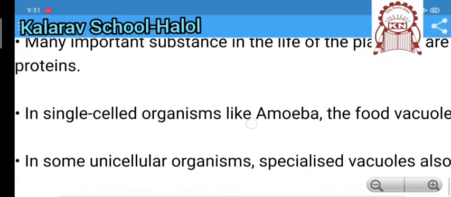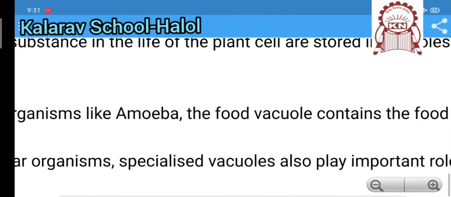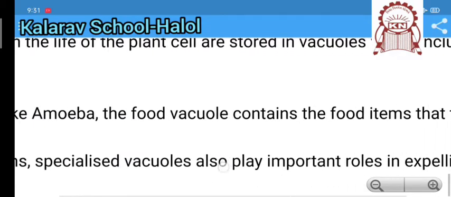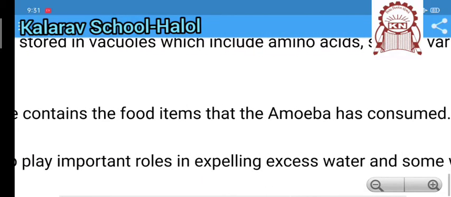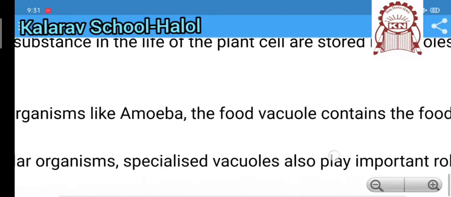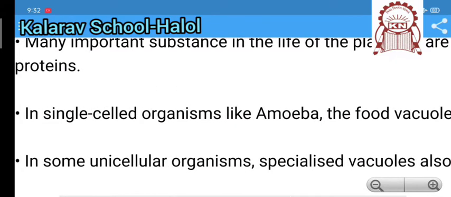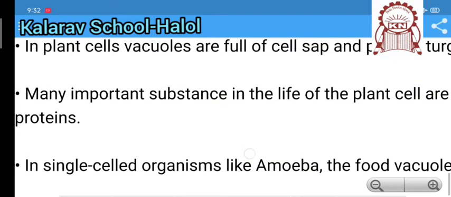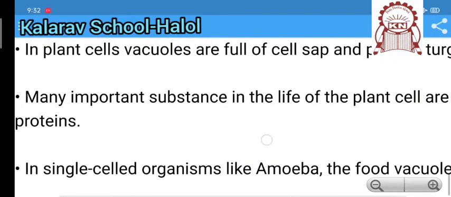In some unicellular organisms, specialized vacuoles also play an important role in expelling excess water and some wastes from the cell. In this way, vacuoles are important in the collection of many types of substances.